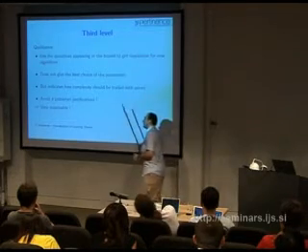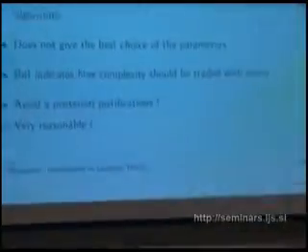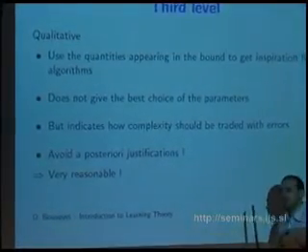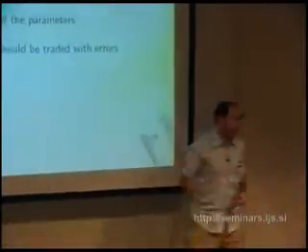But now the risk when you use a bound is this: you may be tempted to justify some algorithm from the bound that comes from the analysis of this algorithm. Doing this is dangerous, or even wrong.